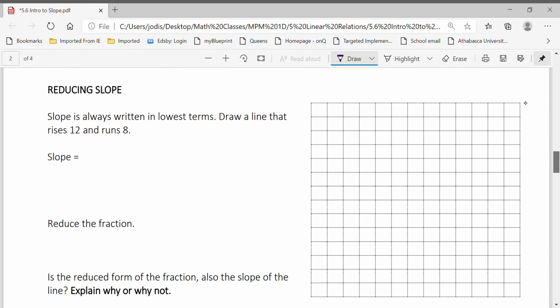Okay. So we can also reduce slope. It should always be written in lowest terms. So we want to draw a line on the grid here that rises 12 and runs 8. So our slope would be our rise over our run, so it would be 12 over 8. So let's try and draw a line that rises 12 and runs 8.